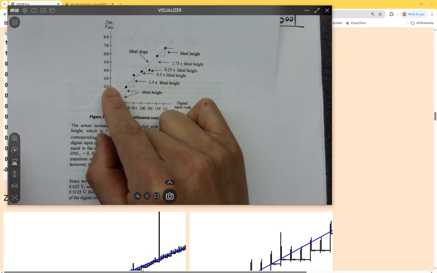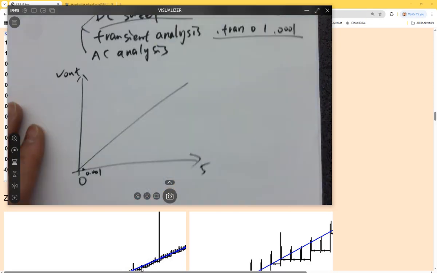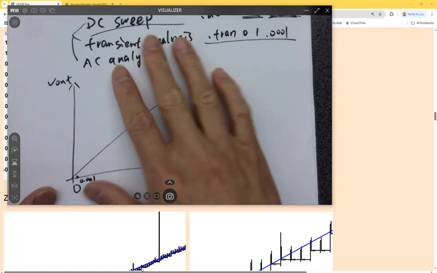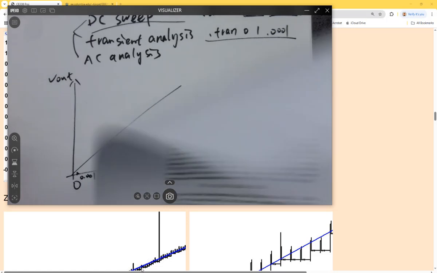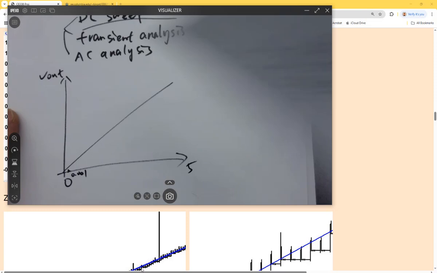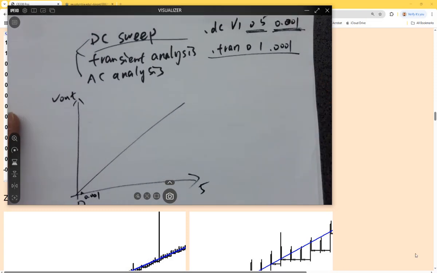So it seems like it should be a DC sweep. But we cannot do a DC sweep because there's no time. What's the conclusion here? Conclusion, you still cannot do a DC sweep, and you have to run transient analysis, and give different voltages at different time points. That's it.